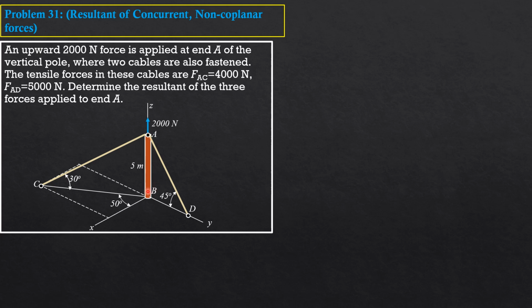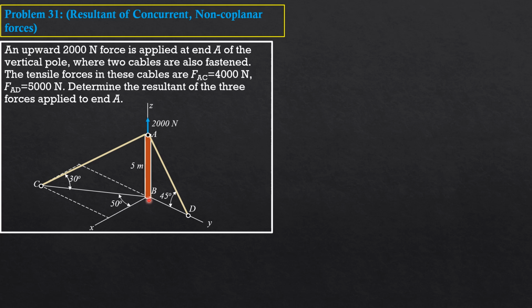The projection on the XY plane is 4000 hypotenuse times cosine of 30, or 4000 sine of 60 degrees, because this is a right triangle.